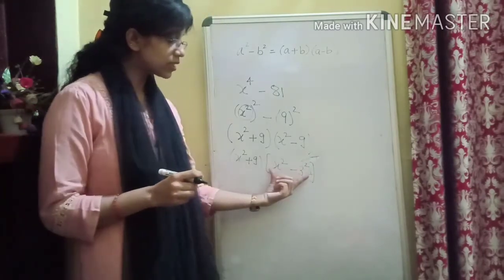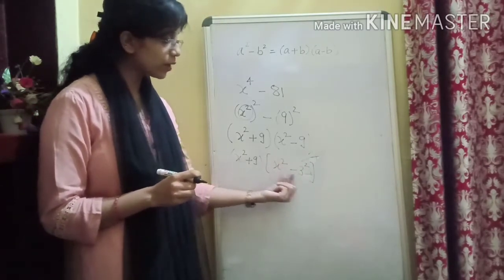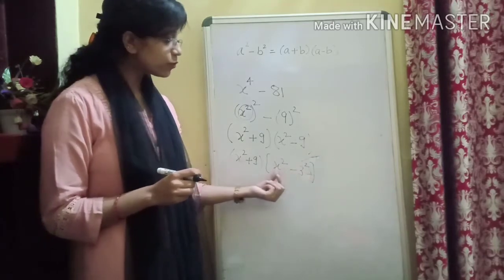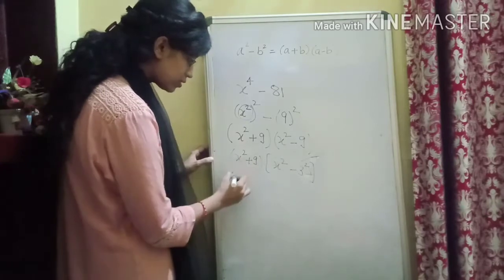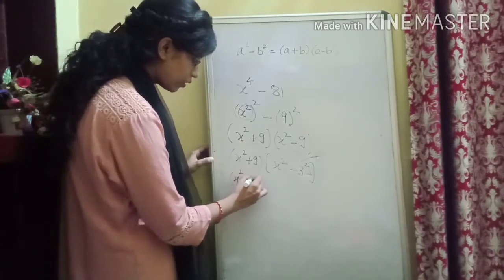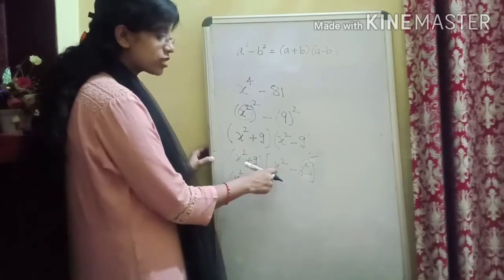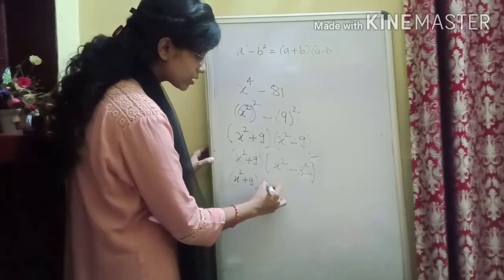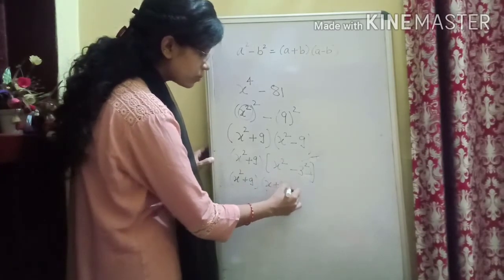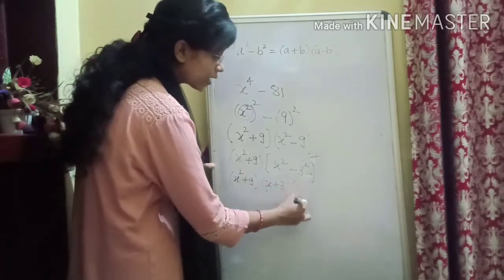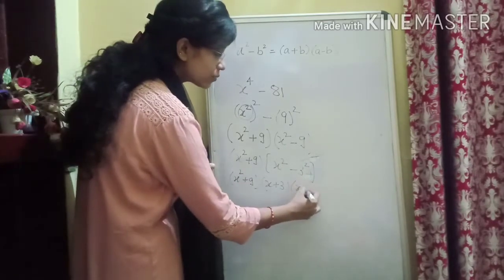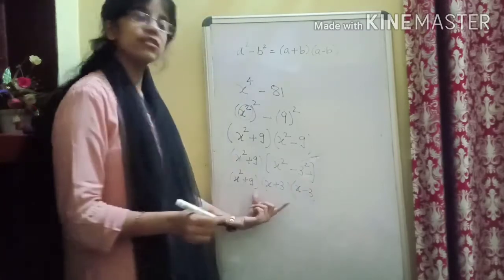Now in the second bracket again it is like a square minus b square. This time your a is x and your b is 3. Now again we can apply the formula: in one bracket a plus b, that is x plus 3, and in another bracket a minus b, that is x minus 3. Now this is your factorization.